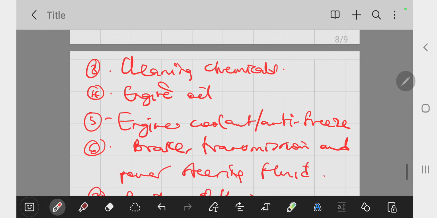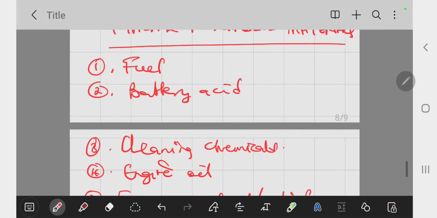Yeah, so I don't know if you guys would be interested in knowing what these chemicals are, but basically fuel is the fuel you use to run your machines and devices in your home. So you can have petrol, diesel, or paraffin. Basically that's a fuel. And then battery acid, one of the most toxic chemicals you can find in a workshop, is the acid they use in batteries.